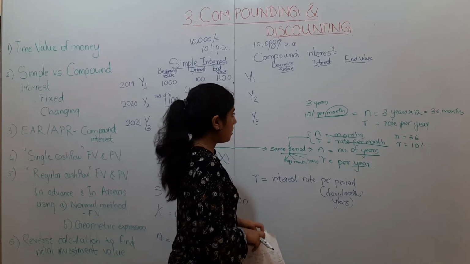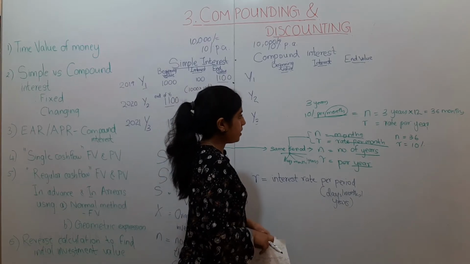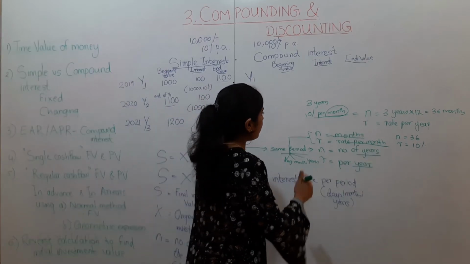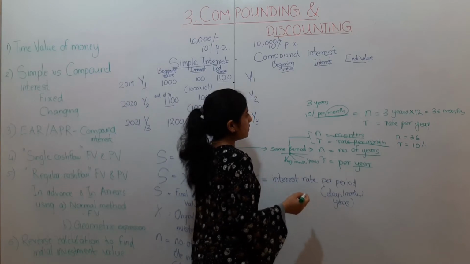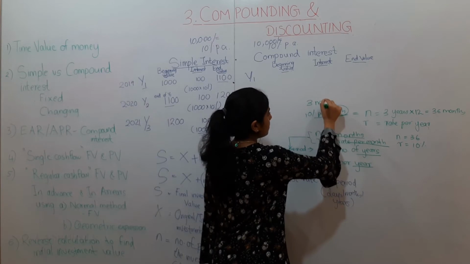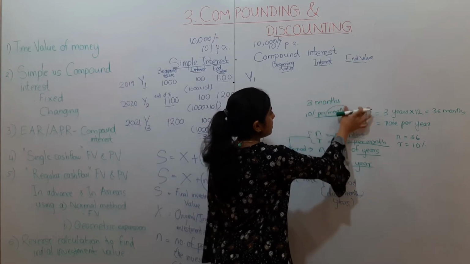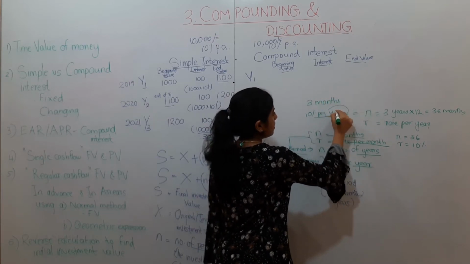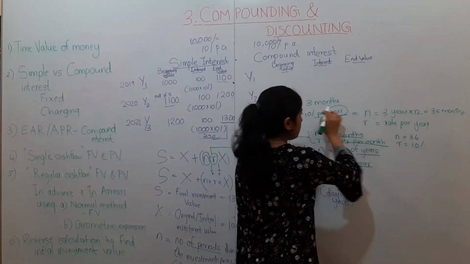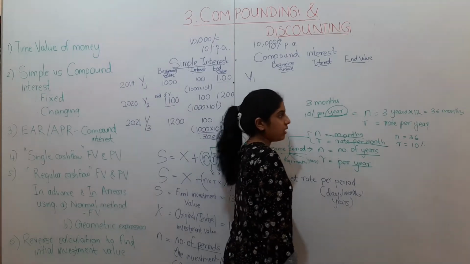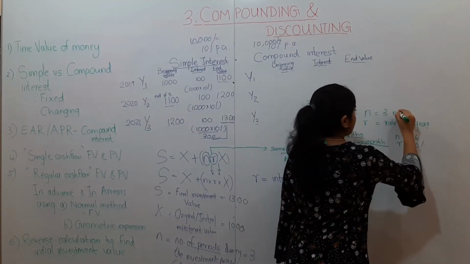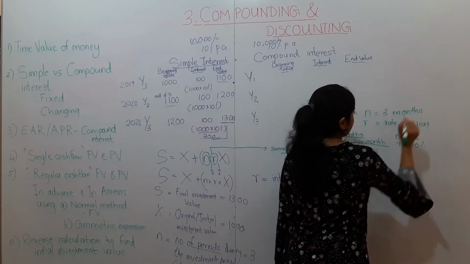Also, if they have given 3 months instead of years, and 10% per year, now you can't use 10% straight away and you can't use 3 months straight away. If this is 3 months, we need not adjust it, we can put months here, it's fine.